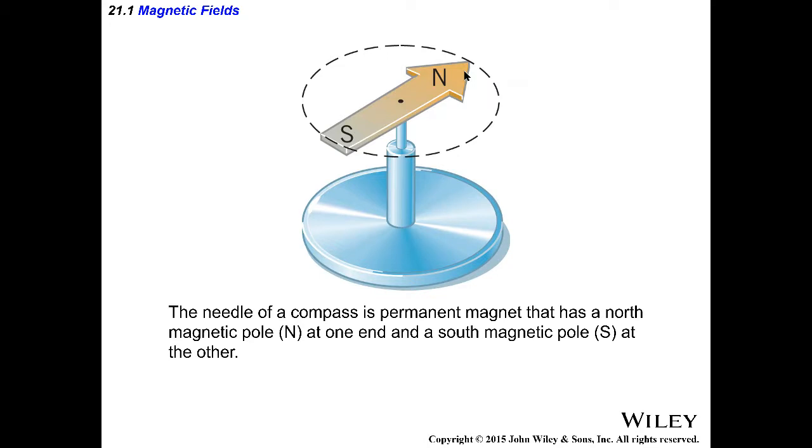We don't realize it, but the Earth itself is a magnet, and it has a magnetic field around it, which Friedrich Gauss already figured out. The magnetic field that we detect on Earth with a compass is about a third of a Gauss.